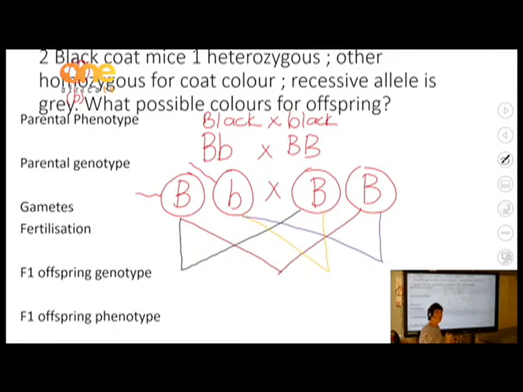This is all the possibilities. Each time there is intercourse, this is the possibility that can take place.